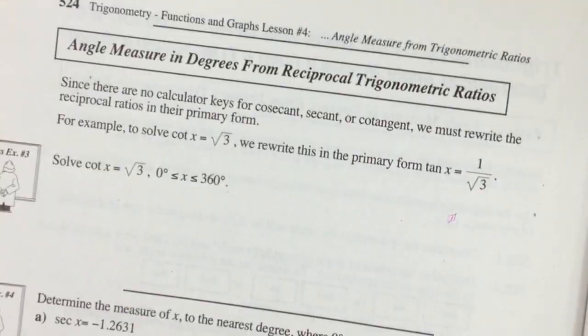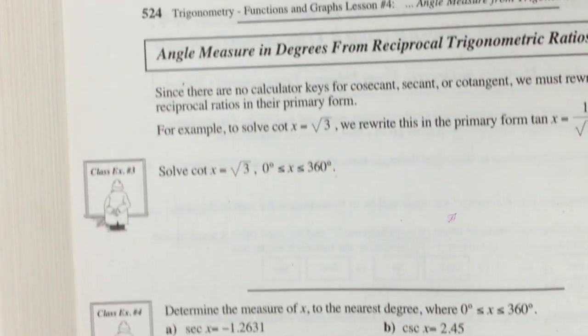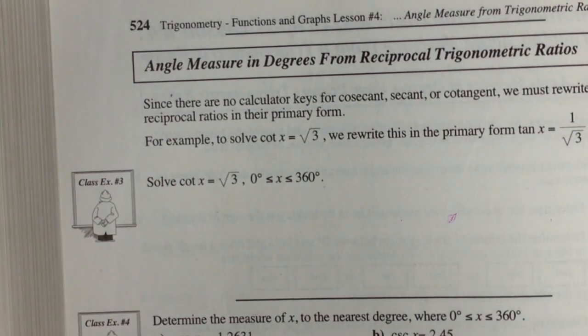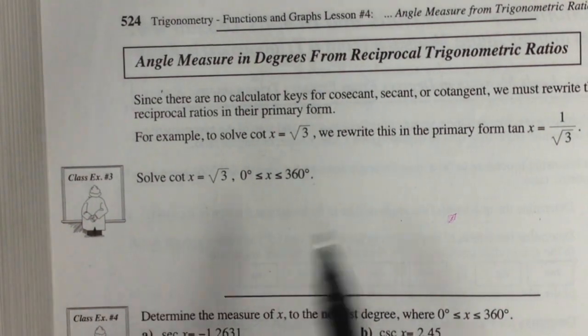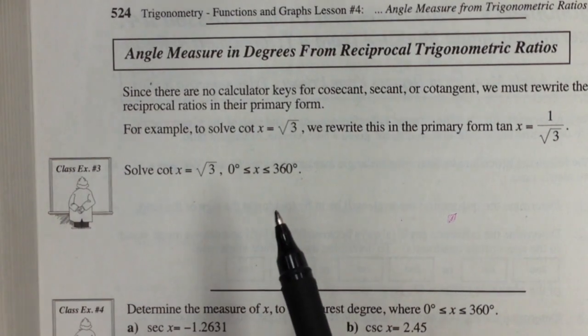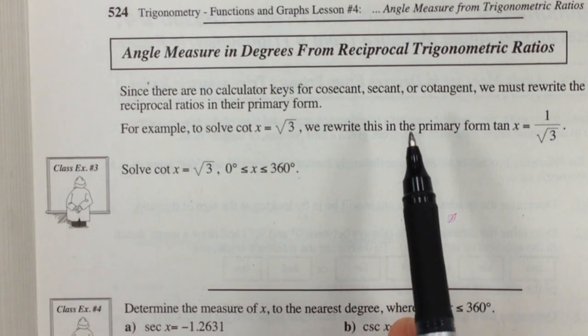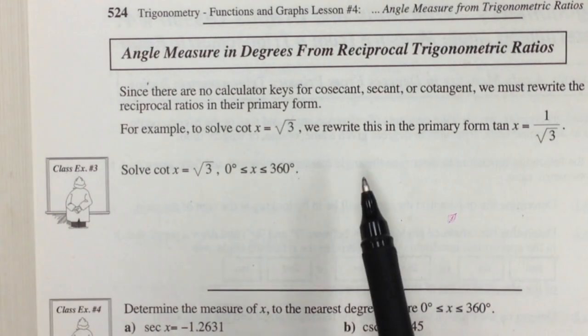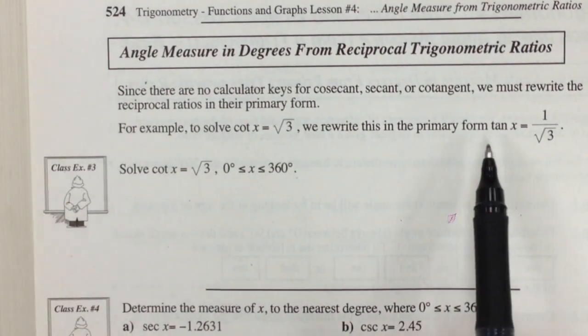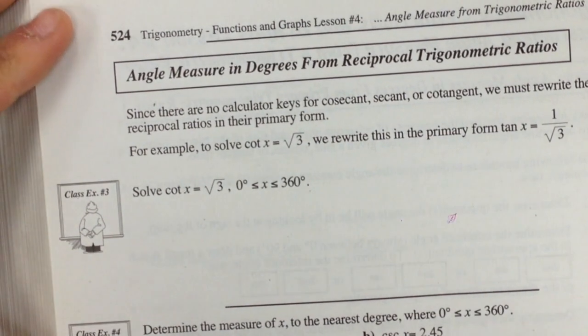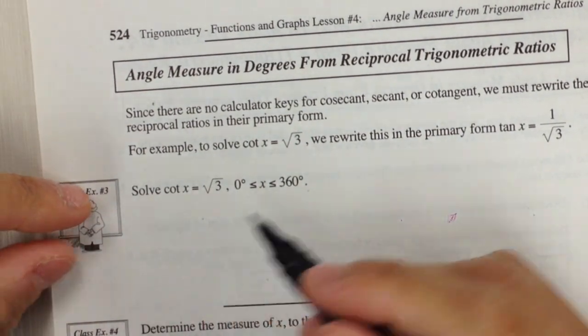All right, the next example we're going to look at involves cotan. If you look on your calculator, there are no keys for cosecant, secant, or cotangent. So you have to rewrite it as the reciprocal of the primary trig ratio. If it's cotan, you have to write it as tan.